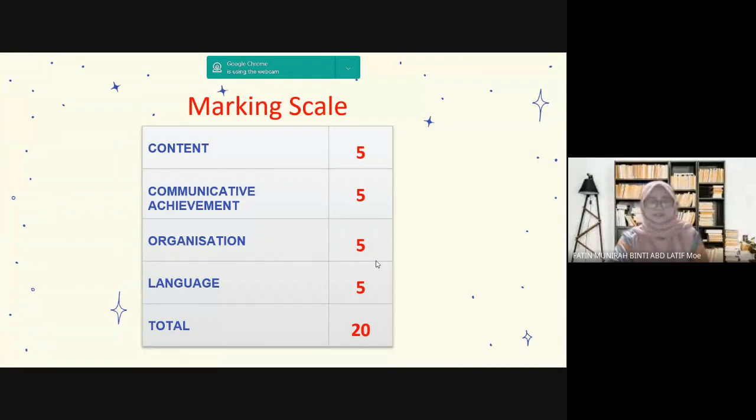And then organisation, how do you arrange your points and how do you use linkers to write your essay. And then last one is language. Language, whether you use correct vocabulary or correct grammar. Okay, language dia akan tengok grammar dengan vocab.